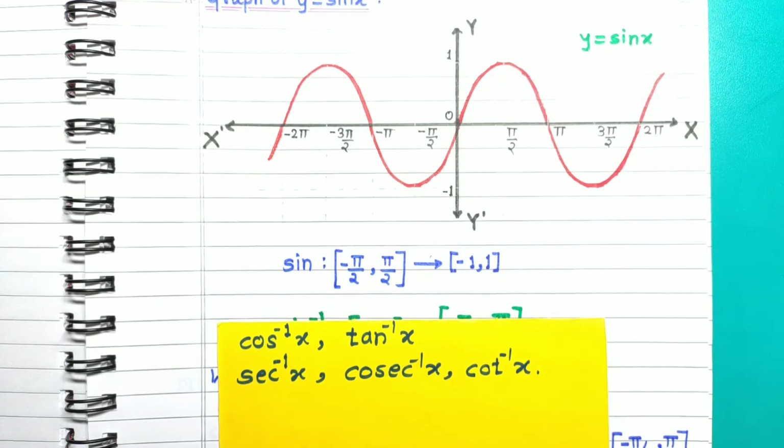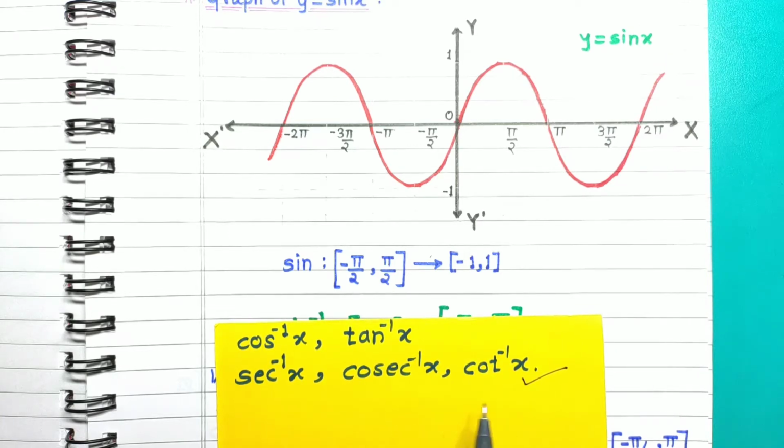For all these inverse trigonometric functions, students, you have to pay more attention to their ranges and domains. You make a table of domain and range of inverse trigonometric functions. Now let's move on to some important properties of inverse trigonometric functions.